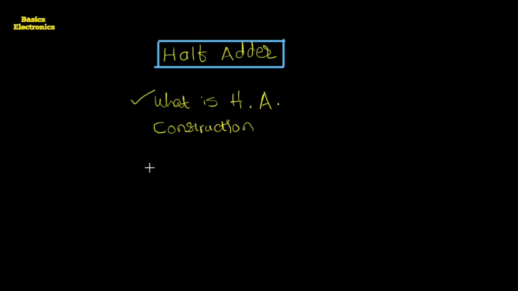First you have to write down what the half adder is, then you have to write down the construction details of the half adder. Then after construction you have to draw the logical diagram.